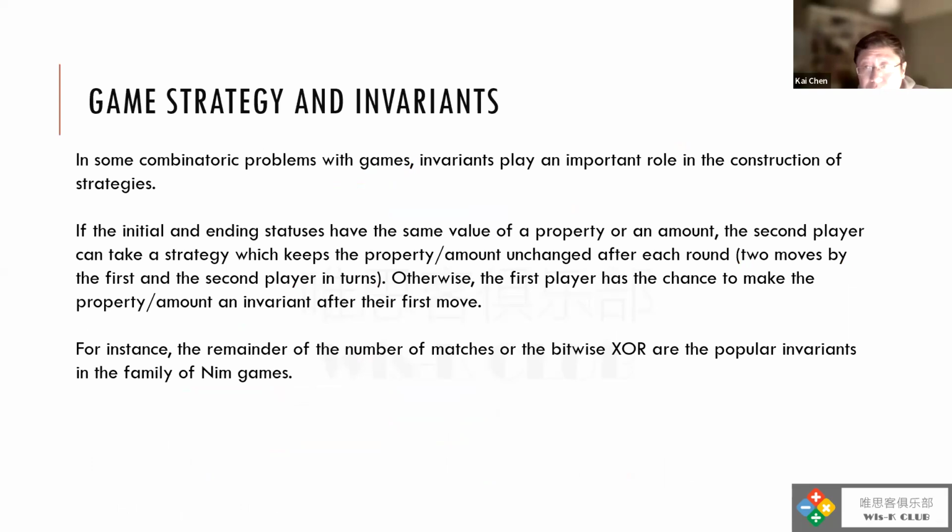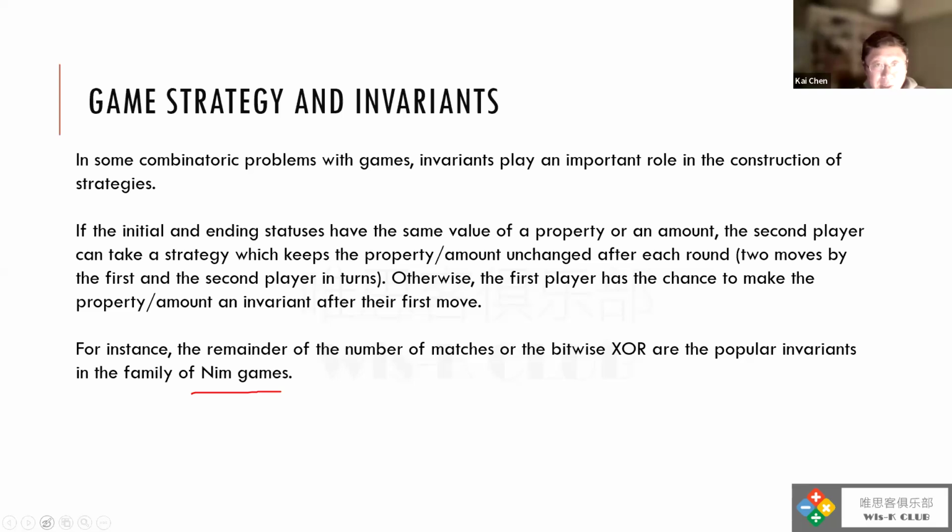Okay, something about games. Also some games like reduction games and Nim games. The winning strategy is always taking the invariance. Sometimes it's the remainder, like when you draw some matches. For example, you're allowed to draw 2, 3, or 4 matches each round, and then you see the sum of the minimum and the maximum.